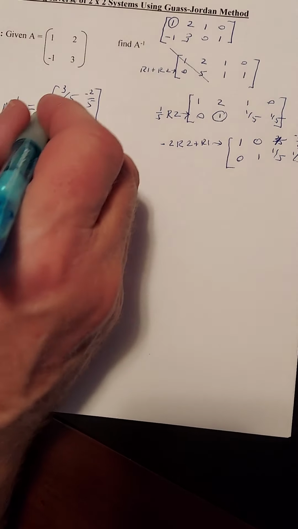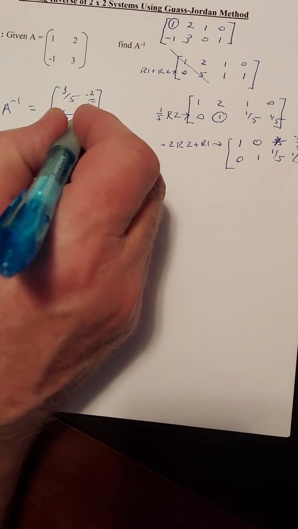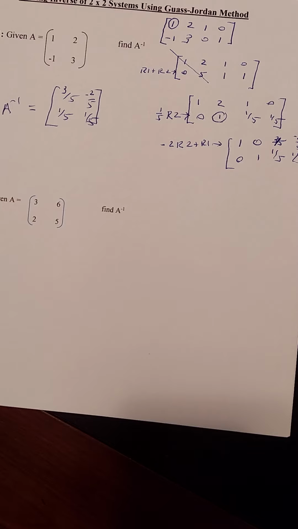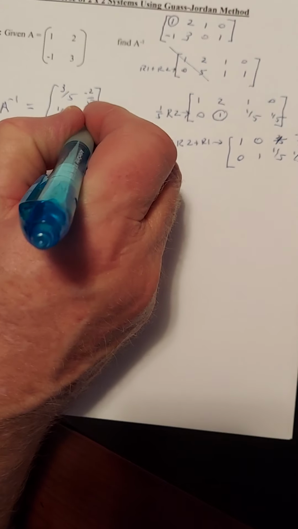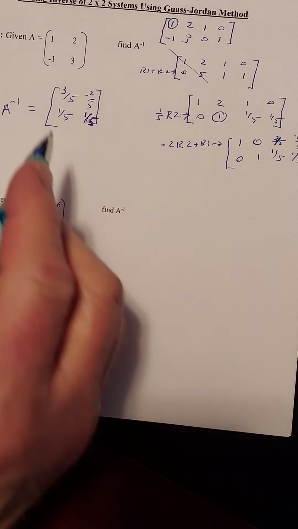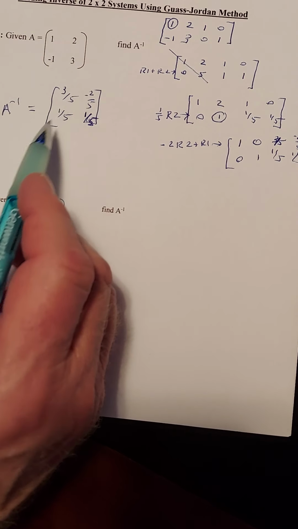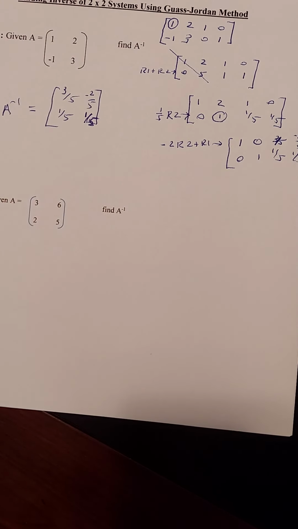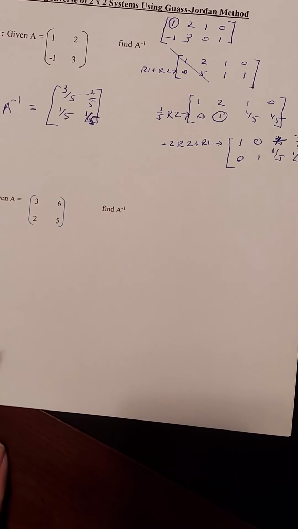Then I got 1/5 and 1/5, and those end up being on the bottom right here. And that's how you find the inverse. That's a 1/5 there. So your inverse is 3/5, negative 2/5, 1/5, and 1/5.